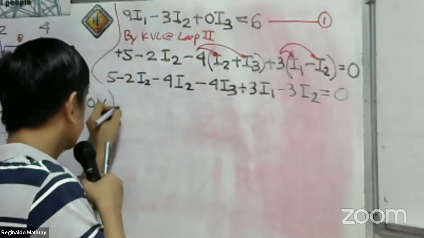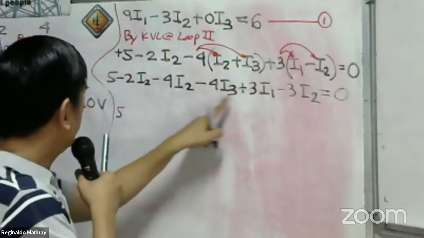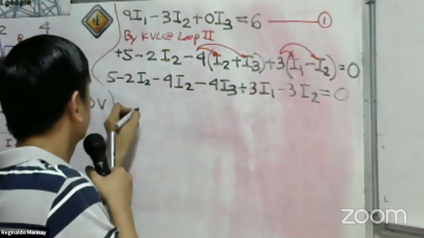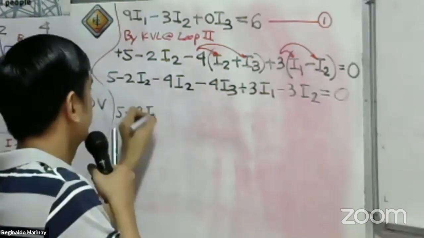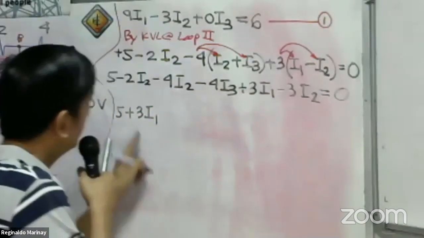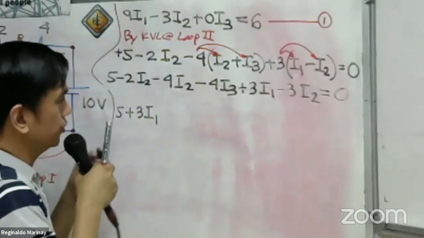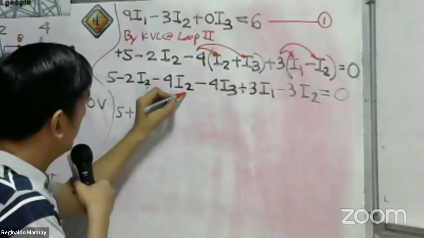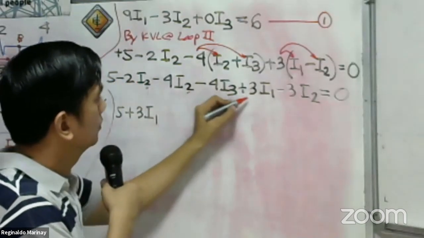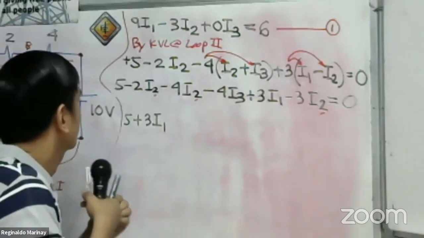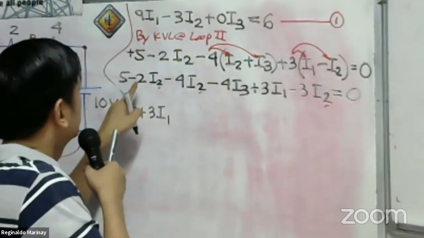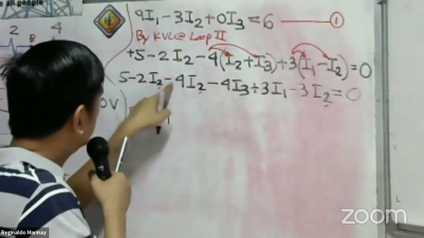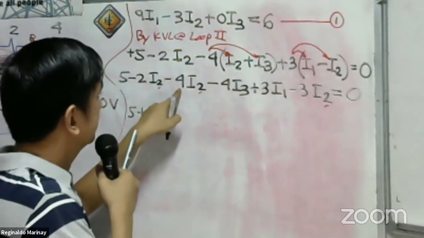We have 5 I1. Okay, we only have 3 I1. What about for I2? By the way, we have I2 here. 1, 2, 3. So this negative 2 minus 4, that's negative 6.